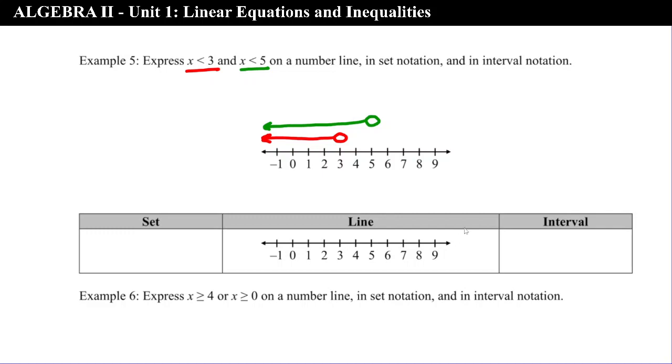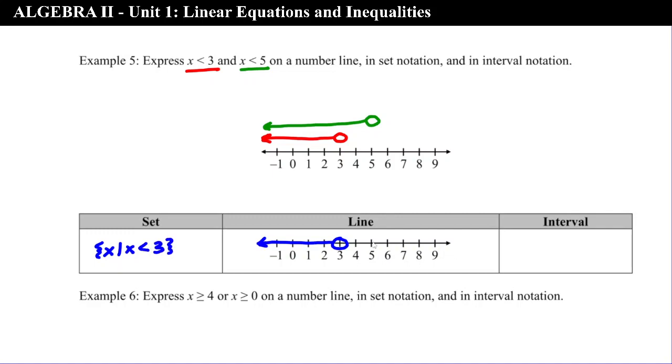So what's shared? Well, everything that's shared is everything that's less than 3. And we're not including 3 because in the red one, 3 is not included. So open dot still at 3, and we go to the left. You'll notice that the solution looks very much like what we had with our red inequality. So you can use that to help you figure out what the set notation solution is.